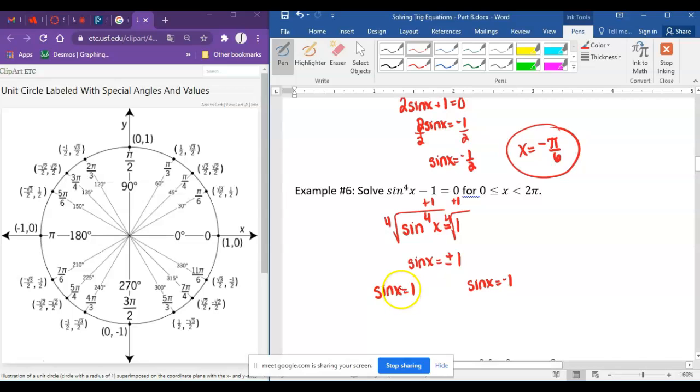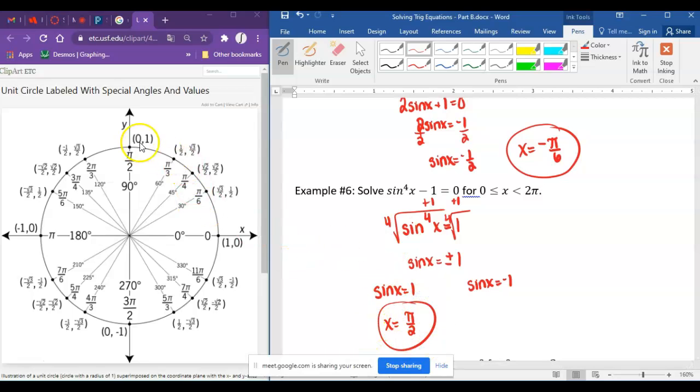And so when we look at that on our unit circle, we're looking at the entire unit circle here from 0 to 2 pi. Sine is our y-coordinate, so it equals 1 right here at pi over 2. So x equals pi over 2 is one of our answers.